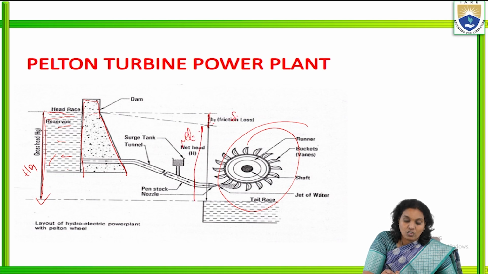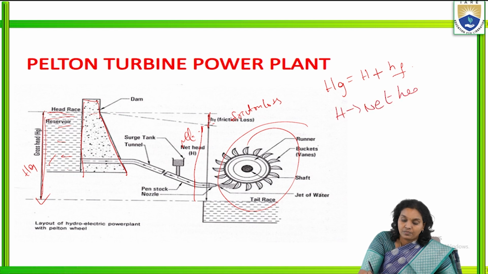So these are the frictional losses. Gross head is equal to net head plus frictional losses: Hg = H + Hf, where H is the net head, Hg is the gross head, and Hf is the frictional losses.